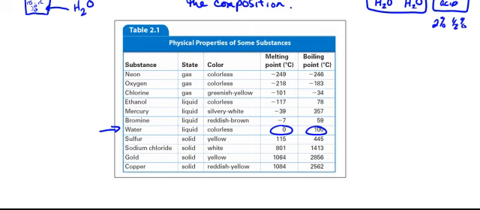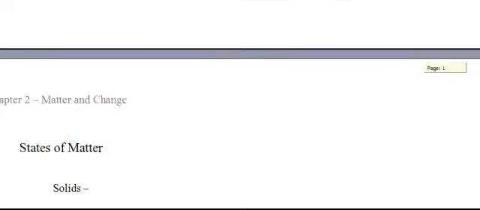And it only depends on the fact that it is water, and you can watch those things and measure those things without changing what it is. Similarly, you can look at its physical state. You can identify it as a solid, liquid, or gas without changing what it is. You can observe the color without changing what it is. These are all physical properties. All right? In the next podcast, we're going to be looking at states of matter. It's an introduction to states of matter that will be further explained in Chapter 13.